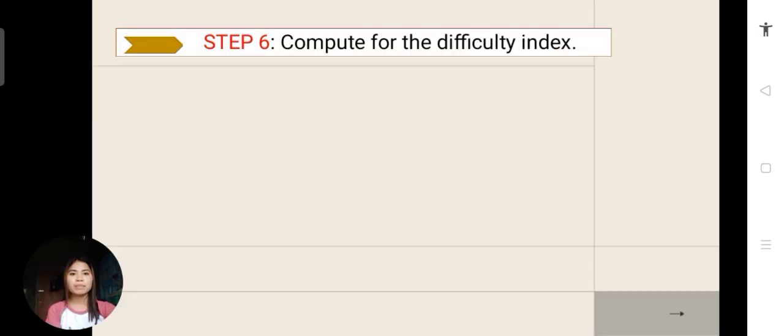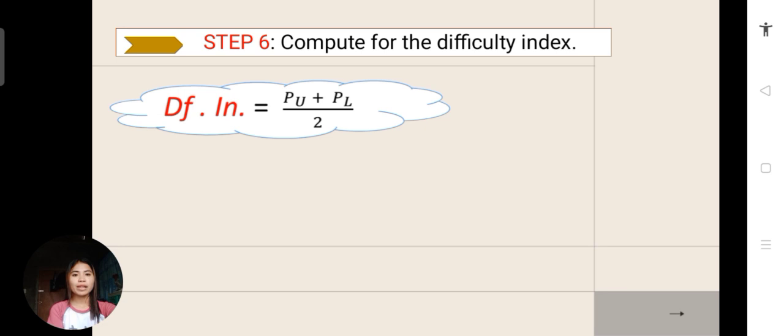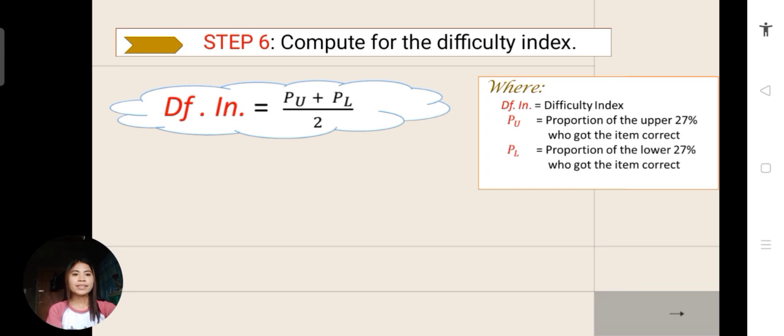Now we have step 6, which is to compute the difficulty index. The difficulty index can be solved using the formula DFIN equals P sub U plus P sub L over 2, where DFIN stands for the difficulty index, P sub U is the proportion of the upper 27% who got the item correct, and P sub L is the proportion of the lower 27% who got the item correct.